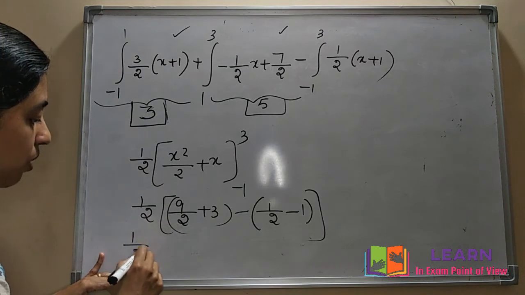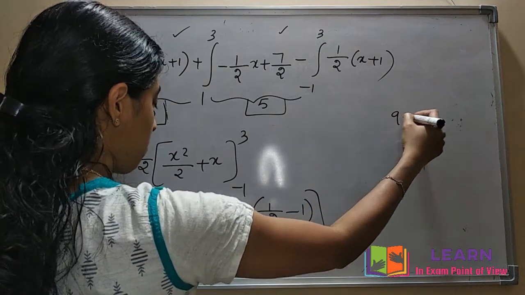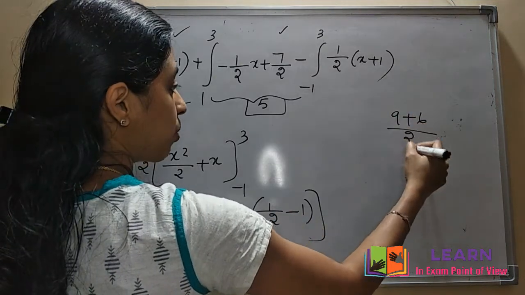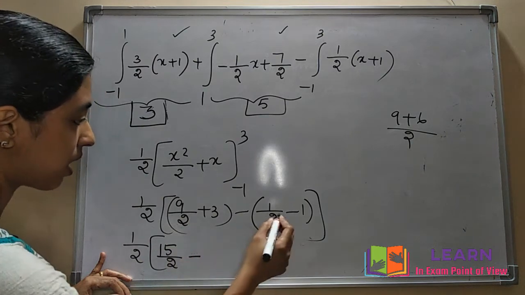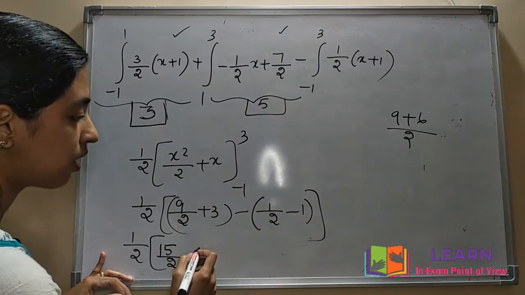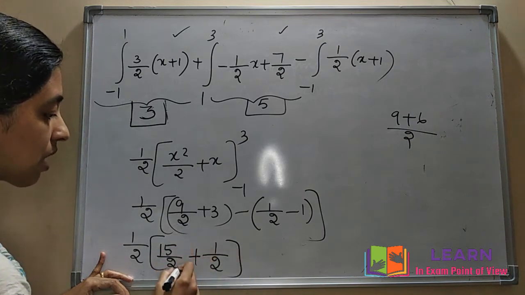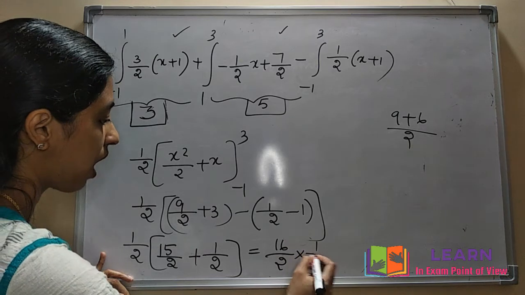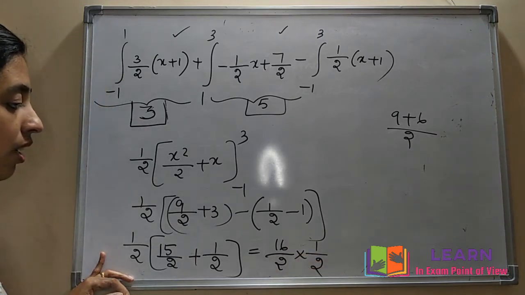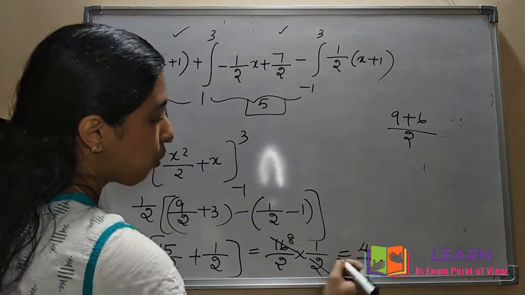That is, 1 by 2 is outside. On taking LCM, right? 9 plus 6 by 2. That is what? 15 by 2 minus half minus 1, negative half. That is plus 1 by 2. 16 by 2. 16 by 2 into 1 by 2, right? 8 by 2, that is 4.